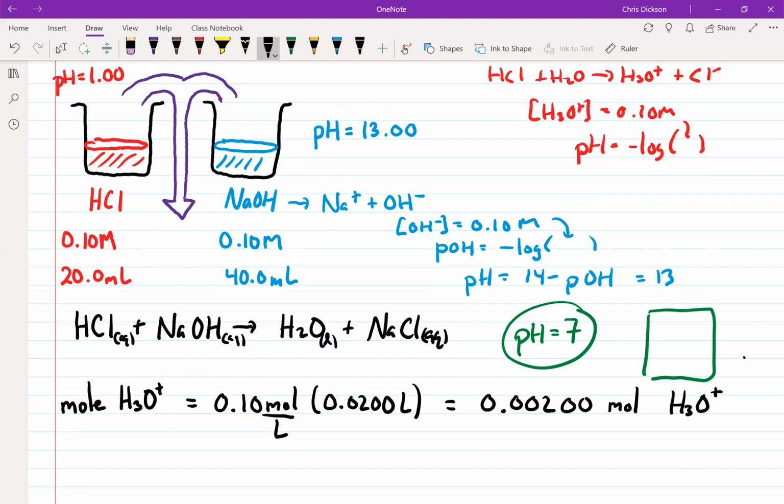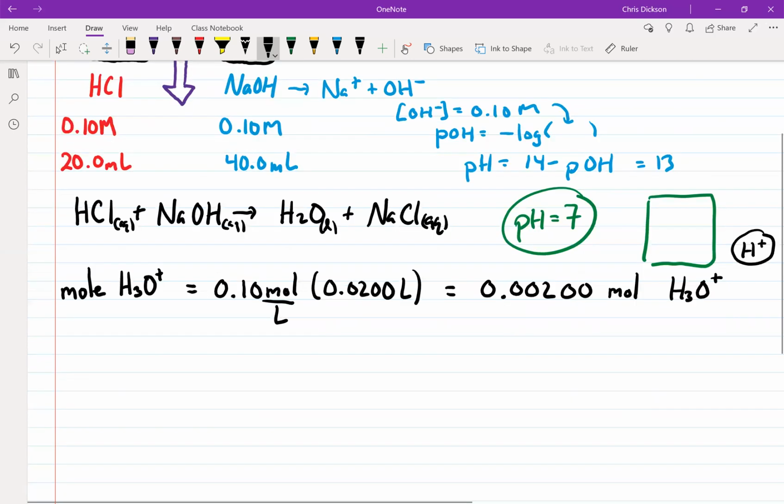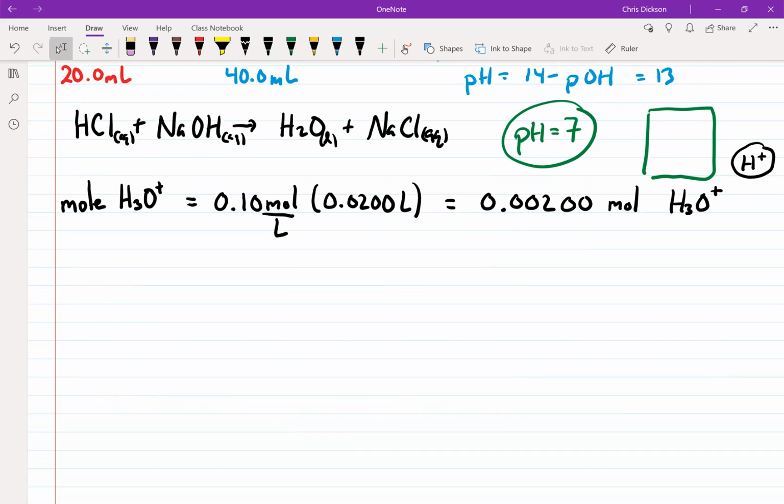Now, sometimes in the book you'll see this written as H+, and that's sort of okay in terms of the idea that there are proton ions here. But we know from our understanding of proton ions in water that they would all be converted to hydronium. Now we can work out the moles of OH-, and that was the same molarity, 0.100 moles per liter.